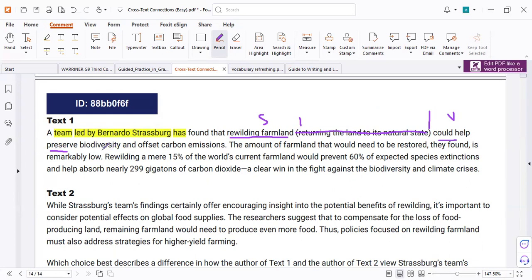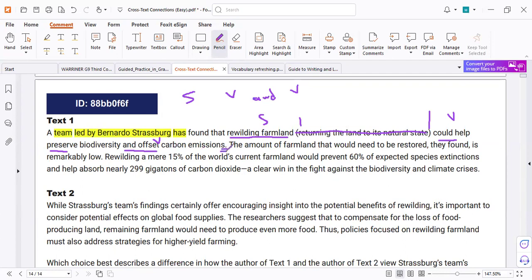Preserve biodiversity and offset, another verb. As I told you, compound predicate. We study like that to understand it quickly. Offset verb, yes. Who? Rewilding. Offset carbon emissions. If you don't know what offset means, try to guess. This is preserve. So what we are going to do with carbon, to stop it, to reduce it, to quit it, or to deal with it.